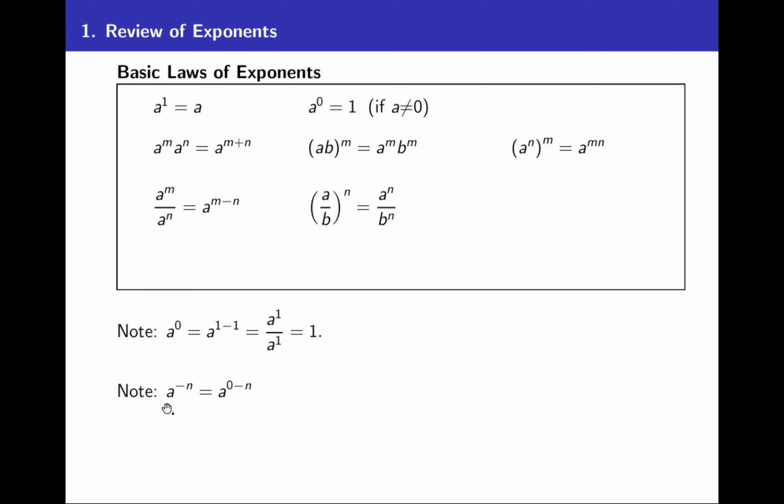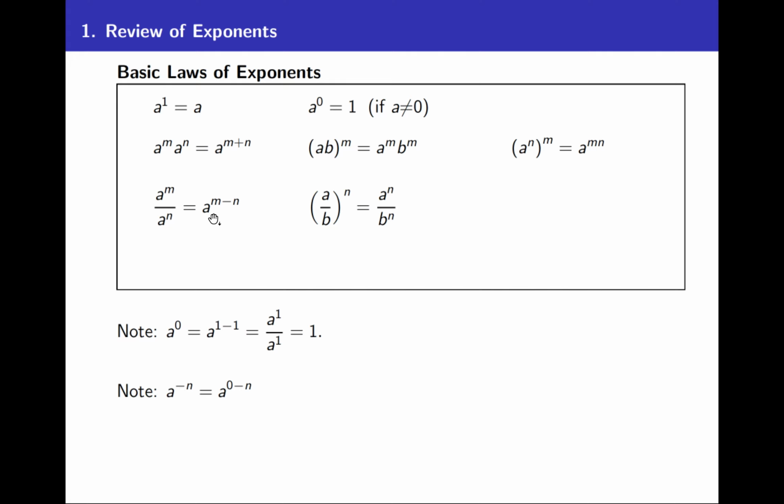What about a raised to a negative power? Now, of course, previously we defined a to the power of n as a times itself n times. That doesn't make any sense if n is negative. But from these basic rules that we have, you can deduce what a to a negative power would have to be. A to the power of minus n, well, that minus n is 0 minus n.